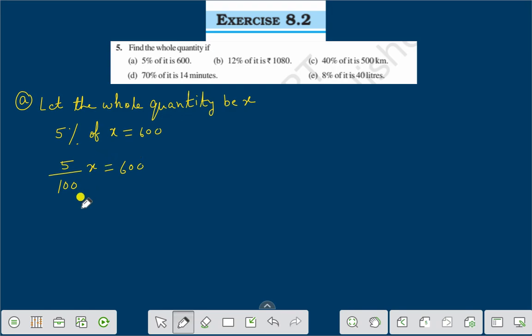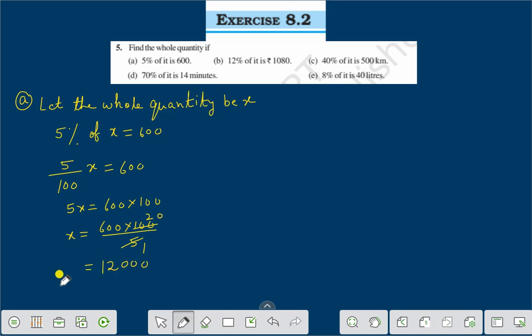Therefore, 5x is equal to 600 into 100, or x is equal to 600 into 100 by 5. Cancelling, we get 12,000. The value of x is 12,000.